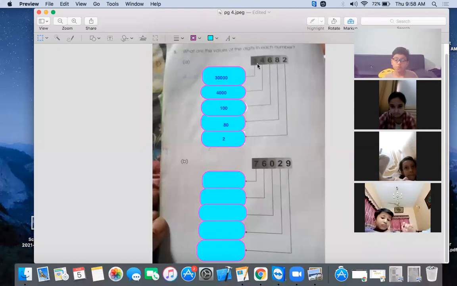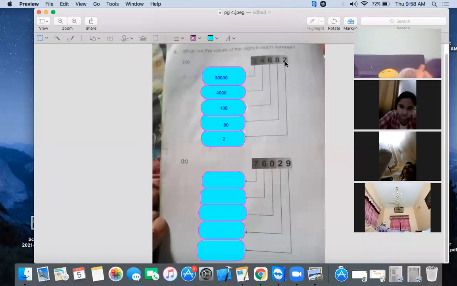Let me explain you again. What you have to do, write the place values of each and every digit. How we read the number? Start from the top right. Ones, tens, hundred, thousand, and 10,000. What is the place value of 2? It's ones. The place value of 8 is tens. So just write 80 because there is only 1 0 in the tens. So how we write the tens place?